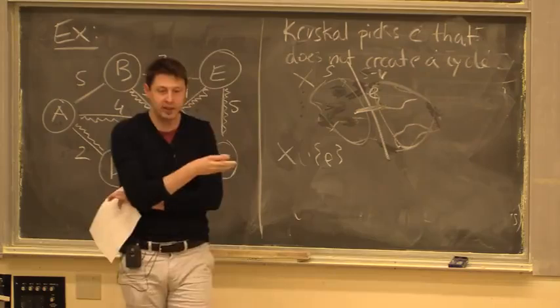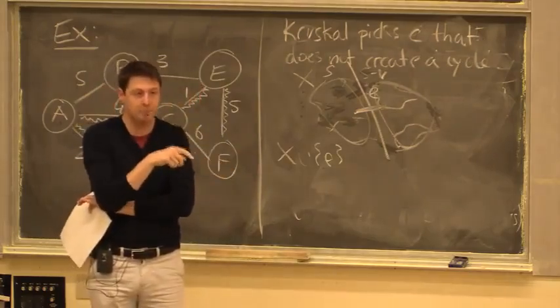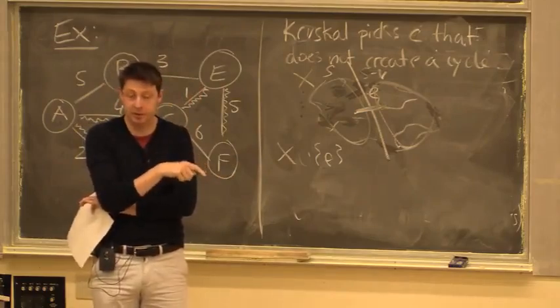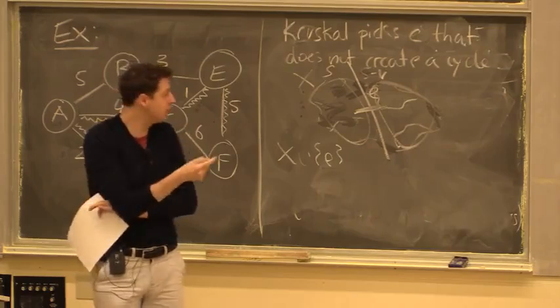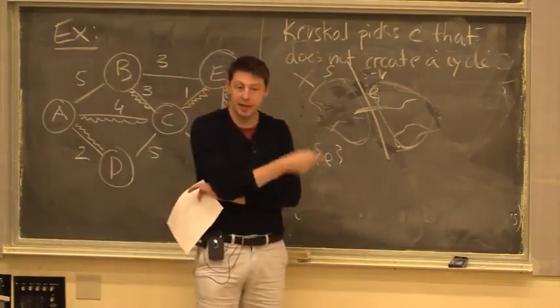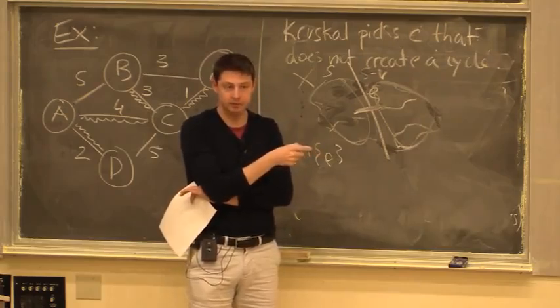Or things that created cycles. Those cheaper edges must have been already part of previous connected components because they did create cycles. That's why I skipped them. So they cannot be among those that cross right now, because crossing means connecting connected components.